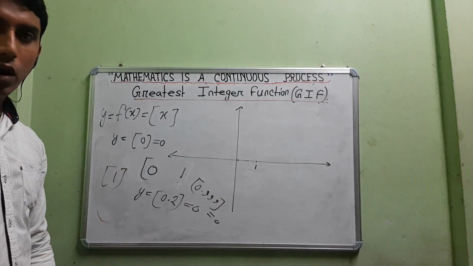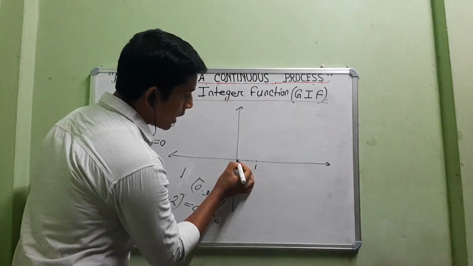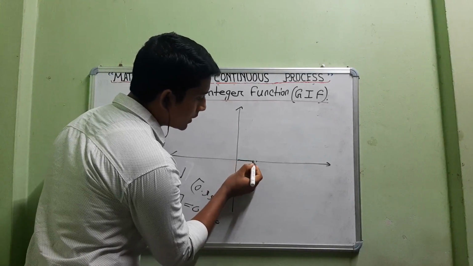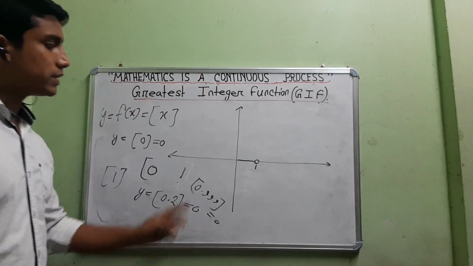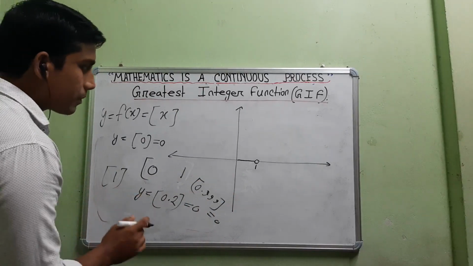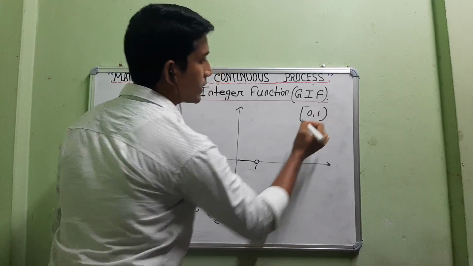Box of 1 will become 1. So I will go before 1. That means the graph will be from here, all the points I will take, just I will not take 1. This is the first part. I have completed closed 0, open 1, like this.